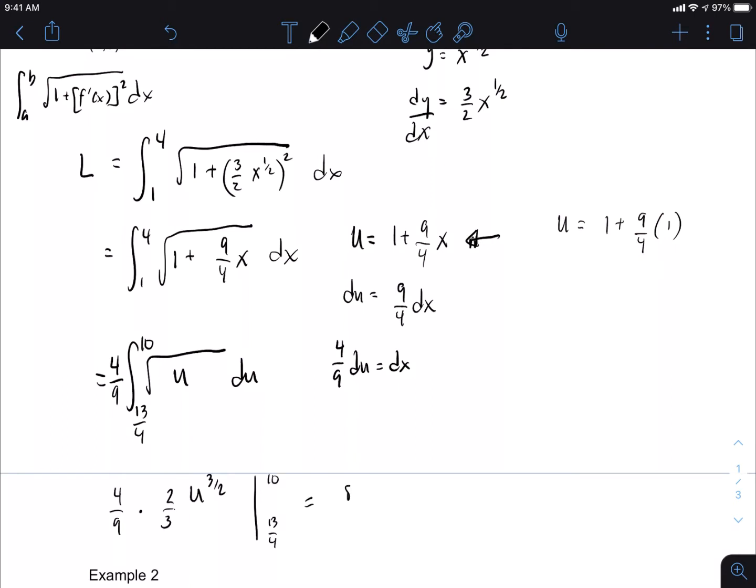That gives me 8 over 27, and then 10 to the 3 halves minus 13 over 4 to the 3 halves. That cleans up nicely: 1 over 27 with 80 root 10 minus 13 root 13.